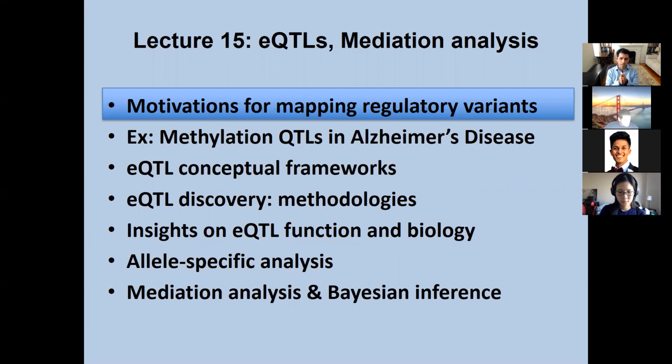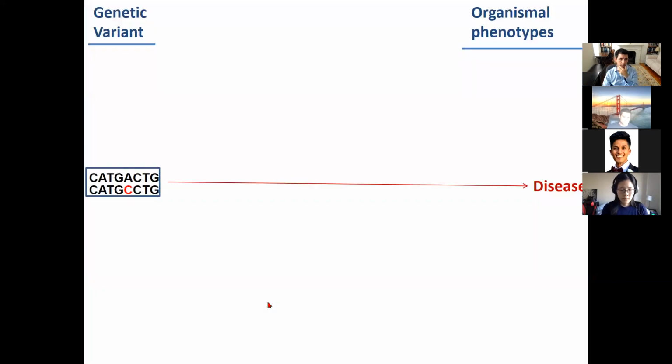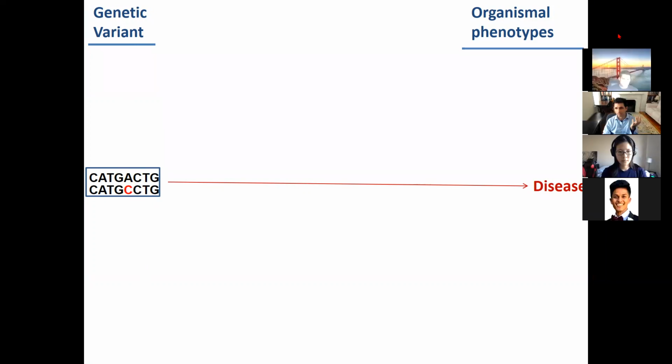So that basically means if a genetic variant is acting on a disease, how is it acting? What are the intermediate phenotypes through which that genetic variant effect is happening? So to recap, the motivation for eQTLs is that there are thousands of genetic loci that are each impacting the disease phenotype by a tiny little amount.